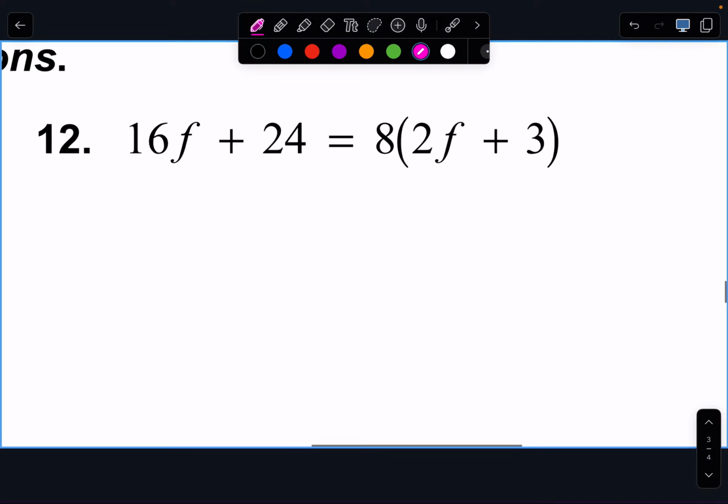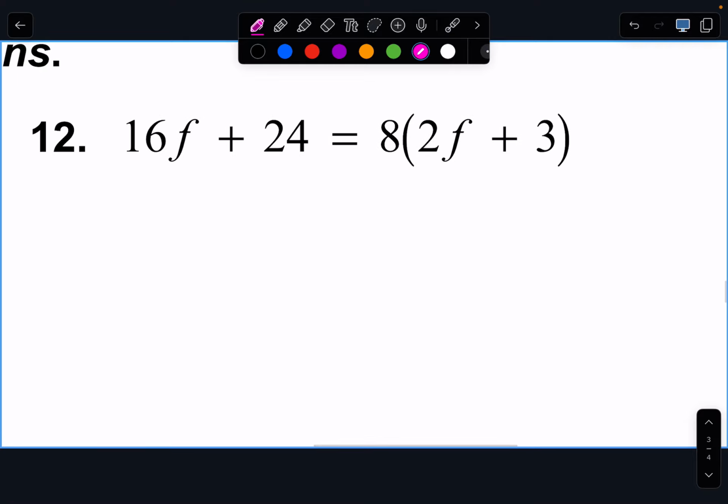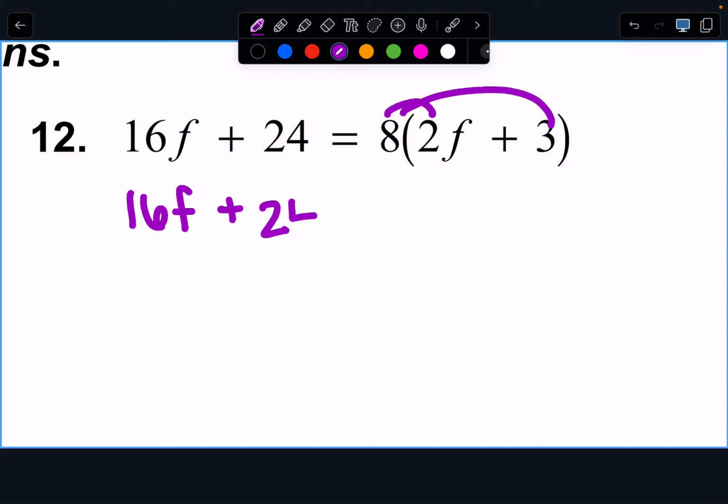Let's look at what happens on number 12. On number 12, when we distribute the 8, we get 16f plus 24 equals. Interesting.